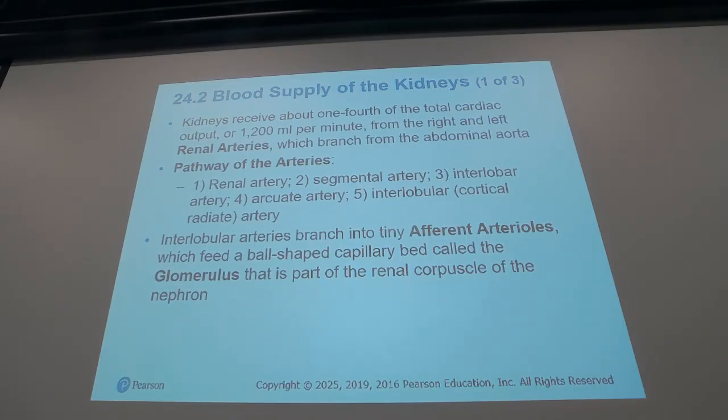And then out of these cortical radiate arteries, you will have tiny arterioles that are going to feed blood into the glomerulus. So these tiny arterioles are going to be called afferent or arriving. And then they will form a tuft of capillaries that will be called the glomerulus.